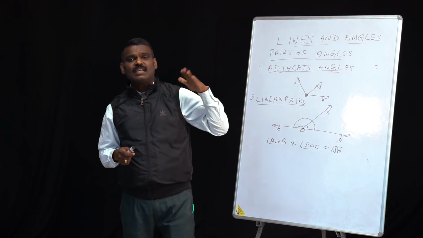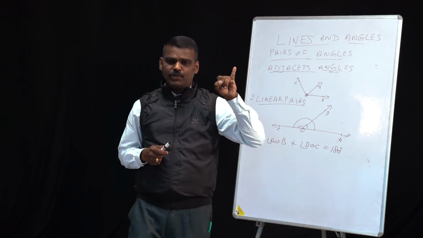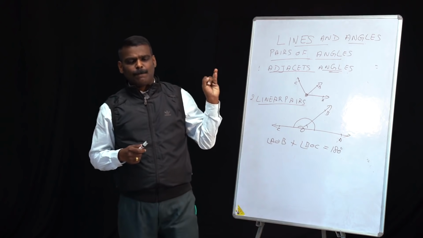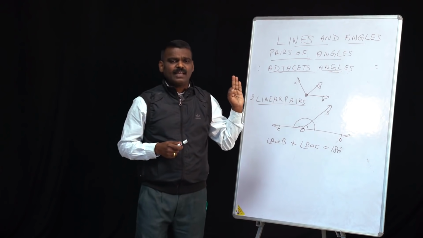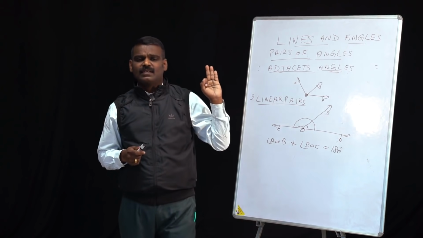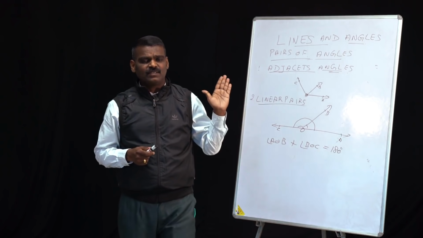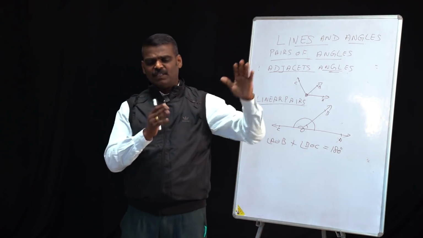Then comes what? Types of angles. What is the first angle? Acute angle, right? Then yes, obtuse angle. Then right angle. Then what is that? Straight angles. Then reflex angles. Then complete angles. Right? You learned that much.